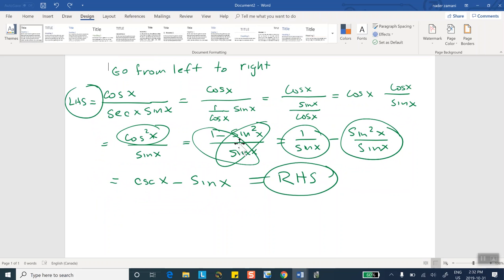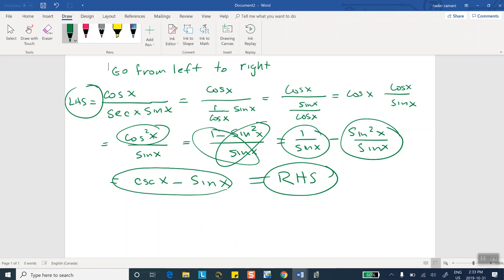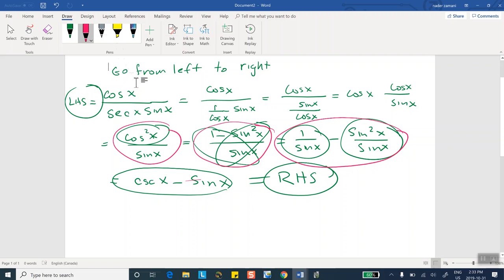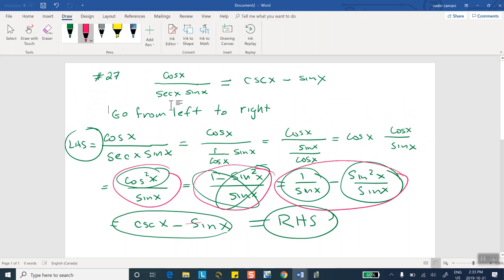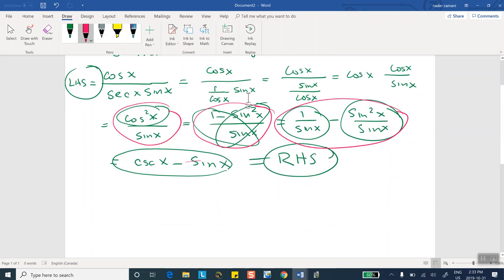If you want to go from right hand side to left hand side, first you write this, then you write this, which is not obvious to some of you. Why should you do that? And then do this step, and that step. So not a good idea. In this problem, it is better to start with a more complicated side, which looks like that, and try to force your way to the right-hand side.